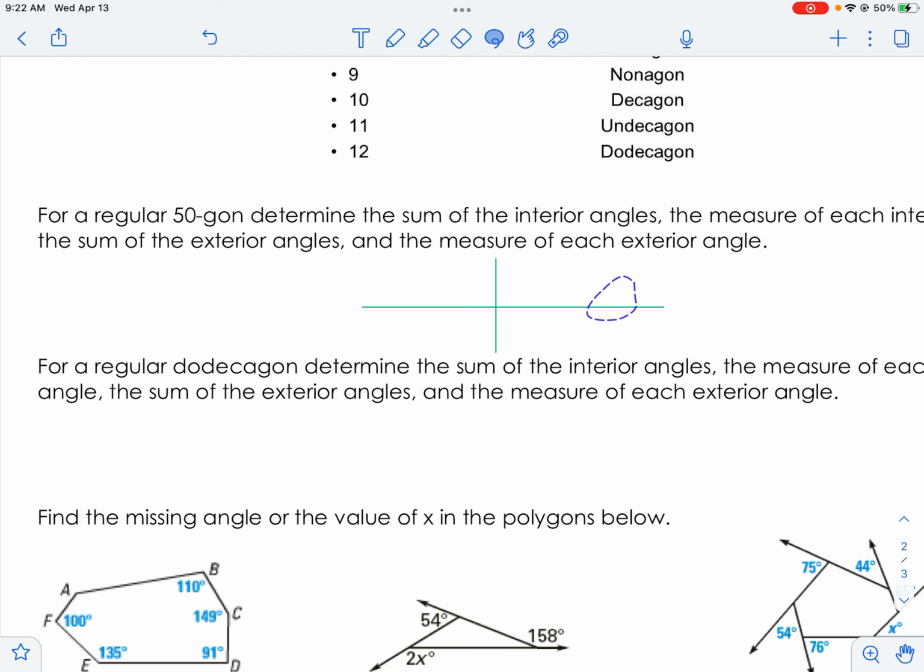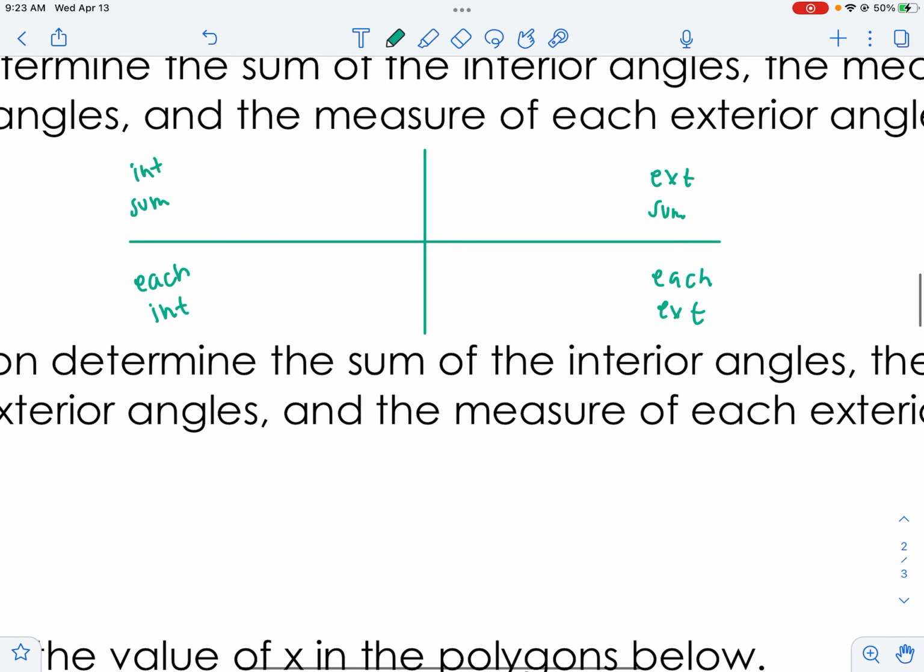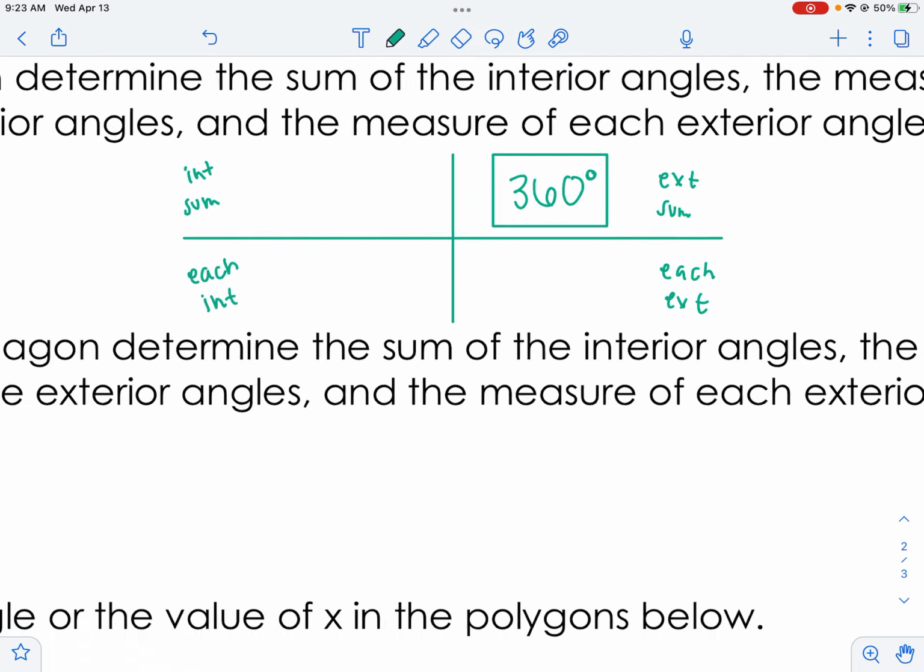It was like that little box. And remember, this was our interior sum. This was how I found 1, or each interior. And this is our exterior sum. And this is how I found each exterior. And I do want to have some work, but exterior sum's always going to be 360, so I can go ahead and fill that in. I don't really have work for that particular one.